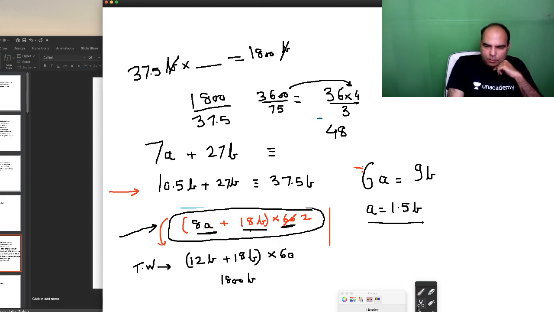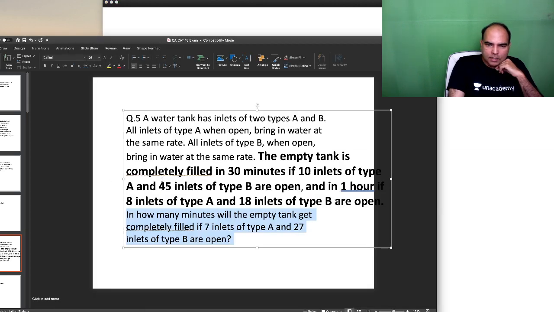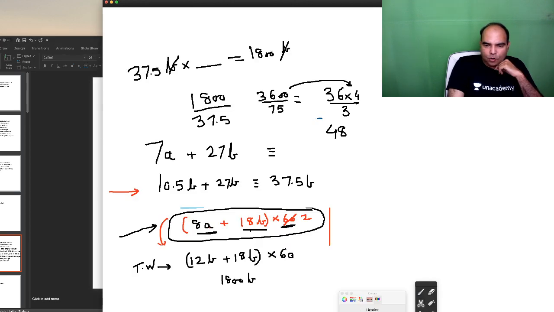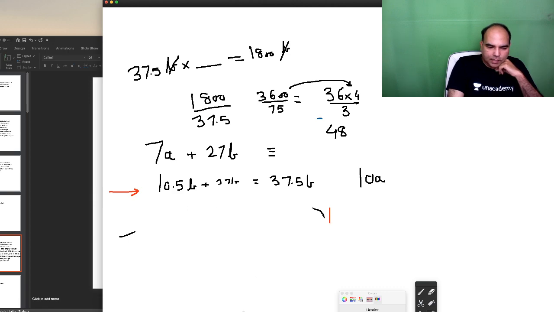तो इस क्वेश्चन में a simpler way to solve this would have been to take it into hours. So if I go back to my original statement, 30 minutes if 10A and 45B are open means the work is 10A. Let me just, so 48 तो आंसर आ जाएगा इसका.